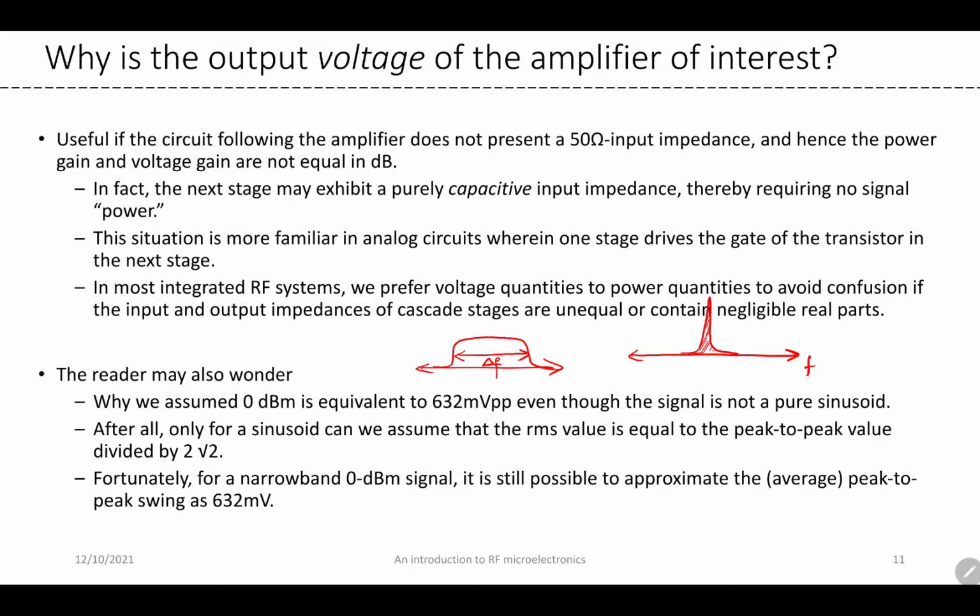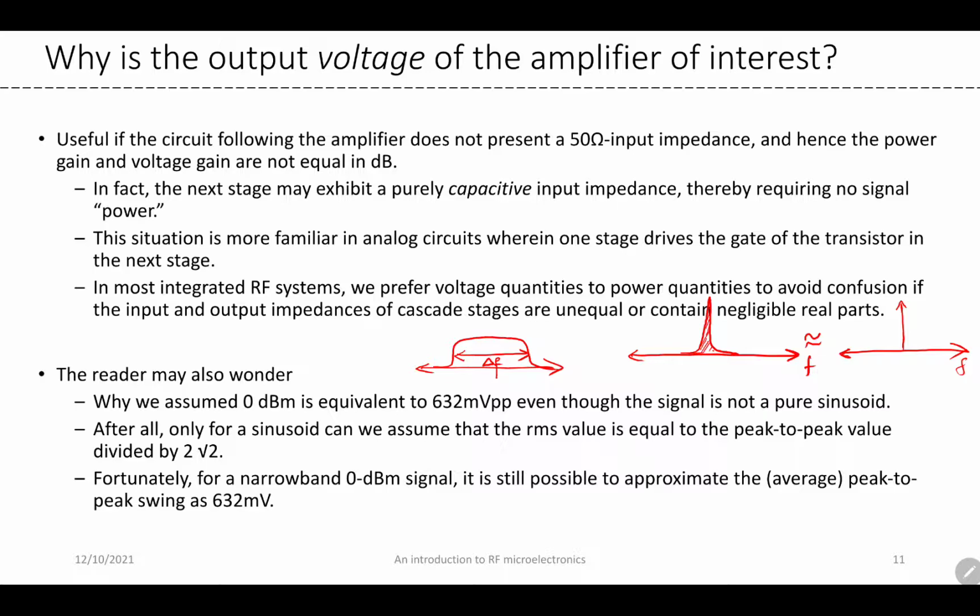So narrowband signals. The reason we were able to use that definition is because you can almost assume this to be an impulse in the frequency domain, and an impulse in the frequency domain is nothing but a sinusoid. So you can assume this narrowband signal to be a sinusoid, but not always.